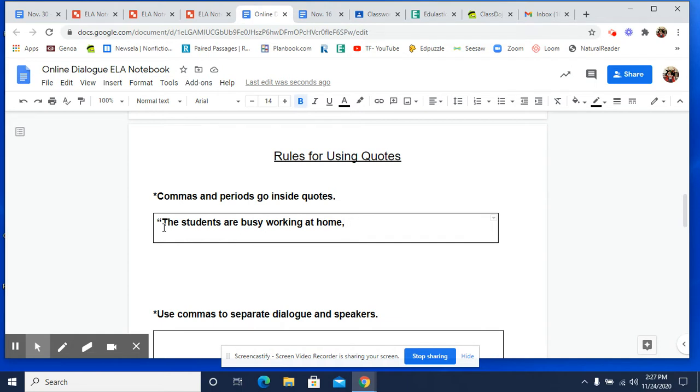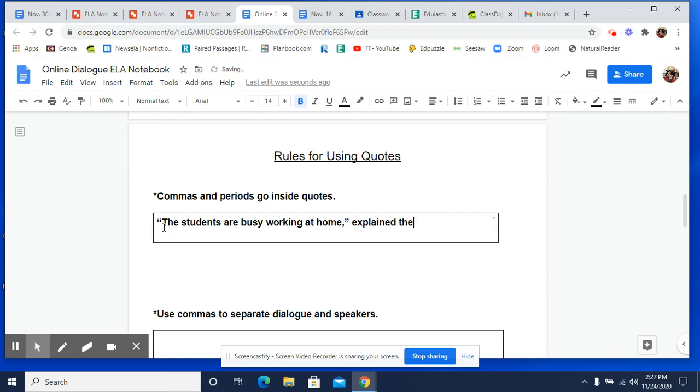The comma comes first and then the quotation marks. So comma first, then you write your quotation marks. And the quotation marks at the end are little lines. Okay. Then you put a space. Okay. Always a space between your quotation and your tag. Okay. So I put a space and then I write my tag.